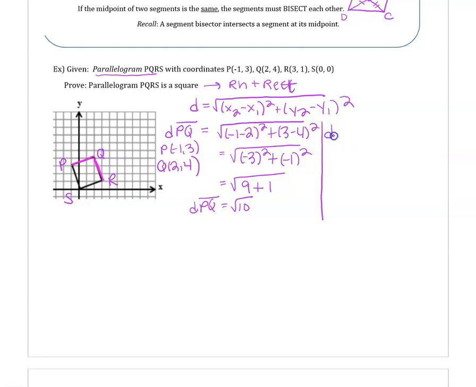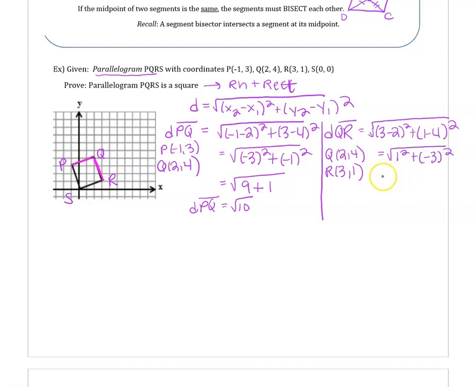Now I'm going to do the same exact thing, but for QR. You'll start to see some numbers repeating, which is good.